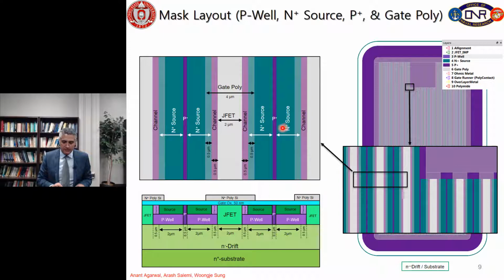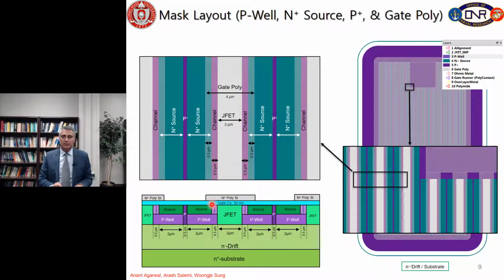So let's look at this part. We have the gate poly over here, 4 micrometers, similar to this cross-sectional view. So 0.5 micrometer, 0.5 micrometer, we have the overlap of the N plus source. This overlap is so important.